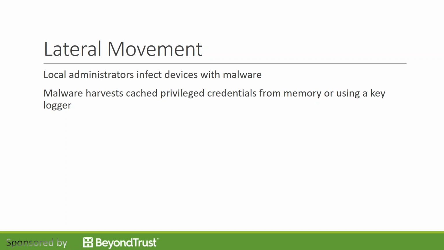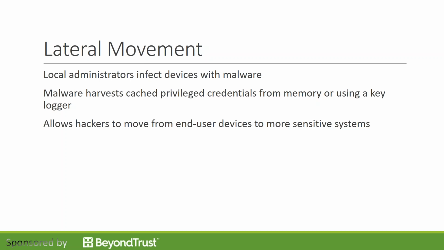So there are at least 2 ways in which malware can get those credentials of a privileged user. They can either take those from the cached credentials that Windows remembers for that user, or they can use something like a keylogger, for instance.